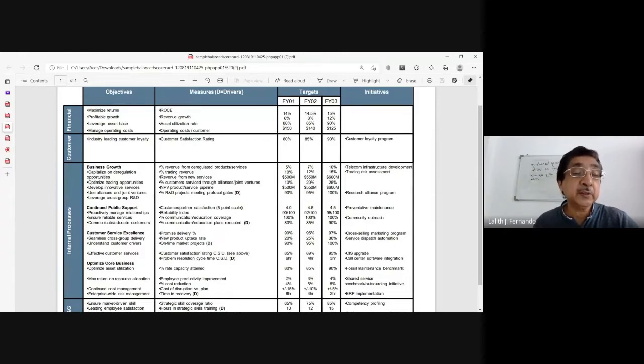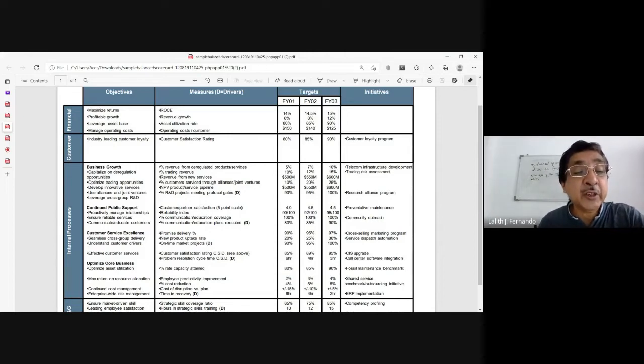But here, what is the real target? Capitalization on deregulation opportunities. Even though the regulations are there, in some circumstances there can be regulatory relaxations, so you have to capitalize on those things. That is what it means by capitalization on deregulation opportunities.